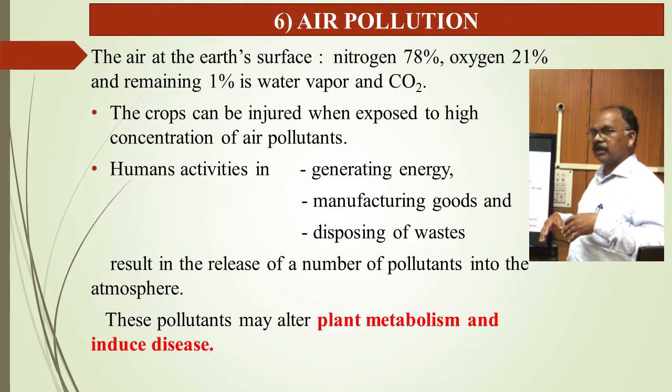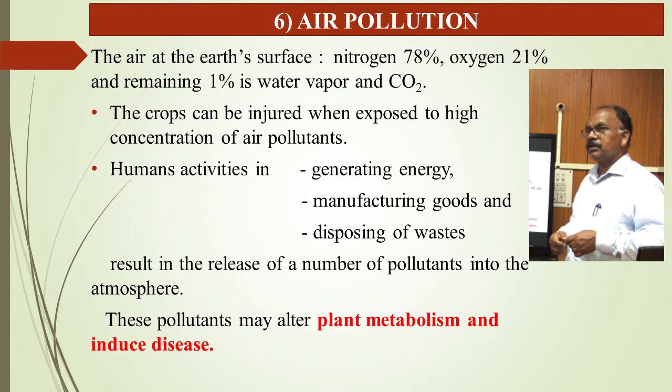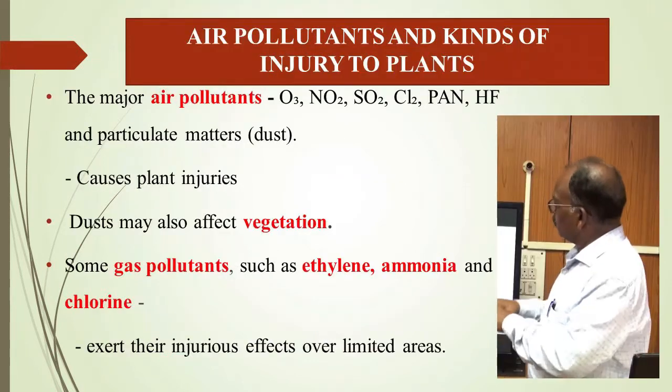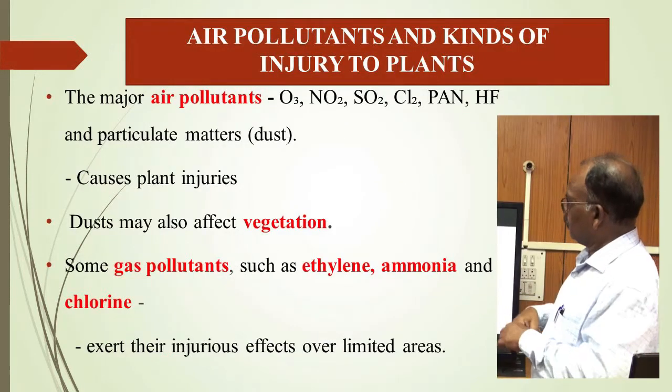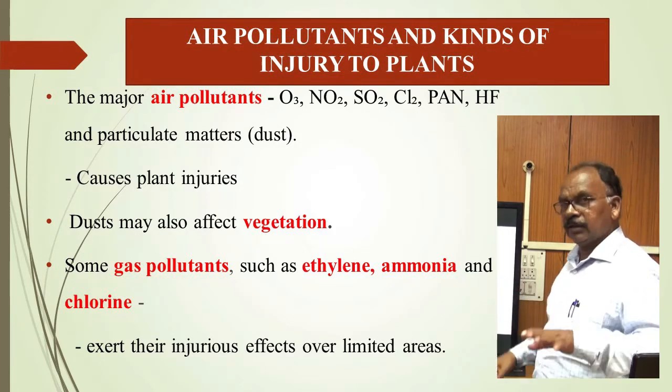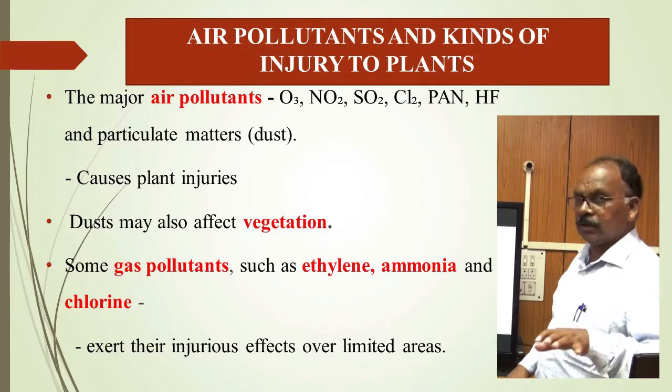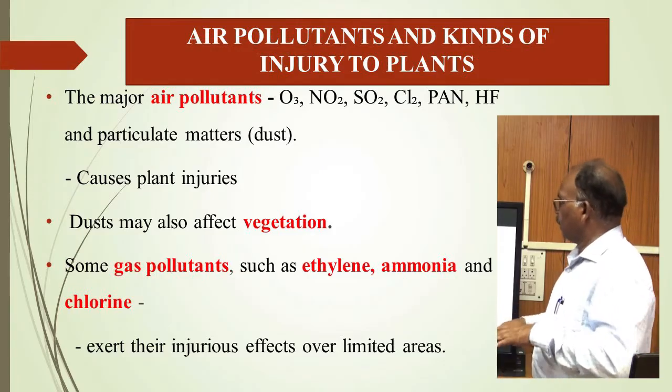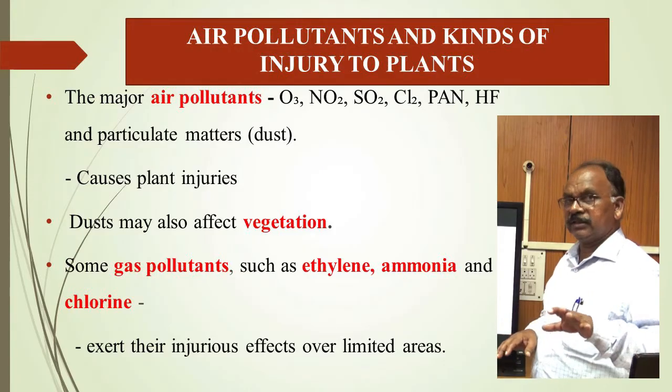These pollutants may alter plant metabolism and induce disease. What are the major air pollutants? The major air pollutants are ozone, nitrogen dioxide, sulfur dioxide, chlorine, hydrogen fluoride and particulate matter, that is dust.